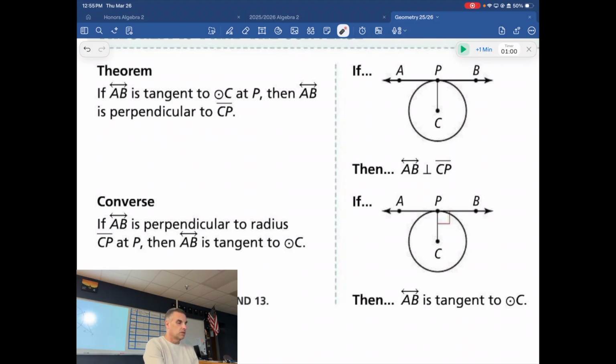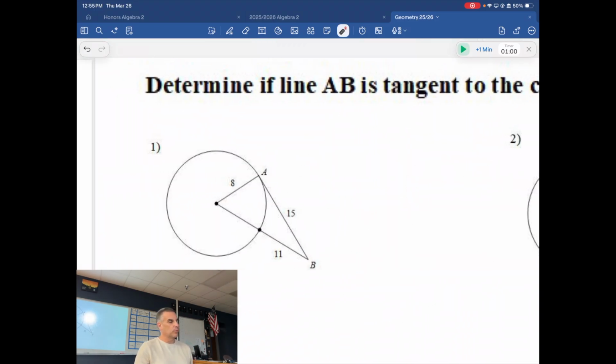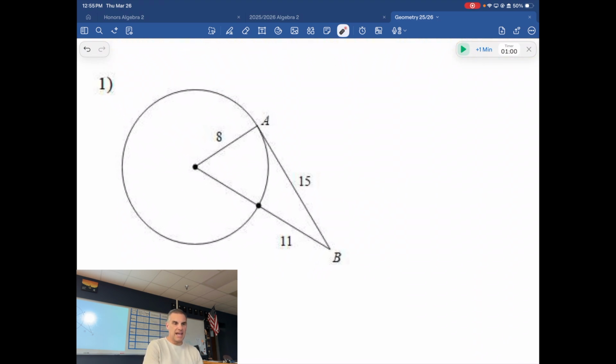Okay, so the directions on here say prove that AB is a tangent to this circle. In order to do this, if I want to prove that AB is a tangent line, this tangent line AB and this radius have to be perpendicular to each other.